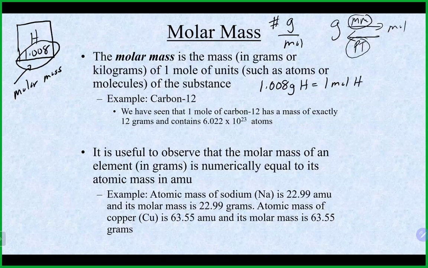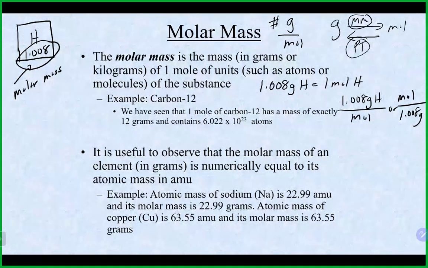That gives you your 2 conversion factors that you could use. 1.008 grams of hydrogen per mole. Or again, you could flip it and use it as moles up on top, 1.008 grams on the bottom. You should really think of molar mass as just a conversion factor, and where you get that conversion factor from is the periodic table.